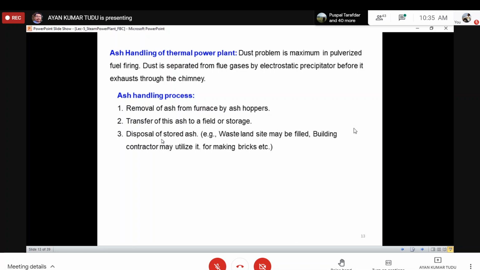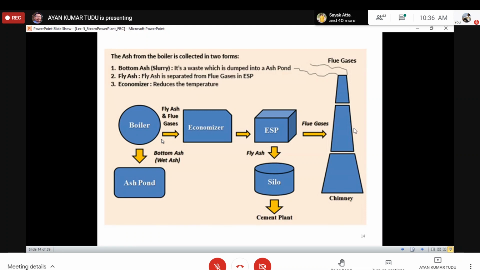Okay, so as you can see, we're talking about the fly ash, no? So the fly ash is a very important aspect which is contained in the flue gases, and we do not want that fly ash to come out from the chimneys. That's why we need our ESPs, our electrostatic precipitators. So the ash from the boiler, as you can see, comes in two forms.